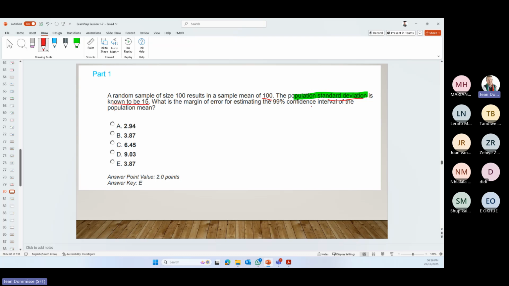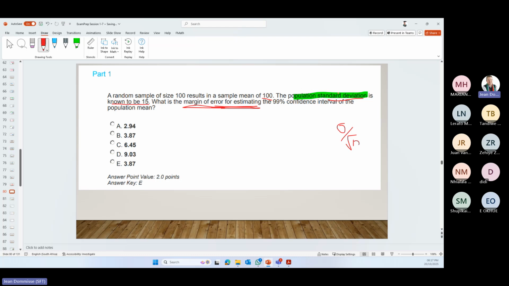Okay, let's go into this one again. Error of estimating, margin of error. How many study units ago, two or three, did we do the standard error? Remember, standard error was your standard deviation divided by the square root of the sample. Hopefully that's not the answer, because we're actually not working out the standard error.